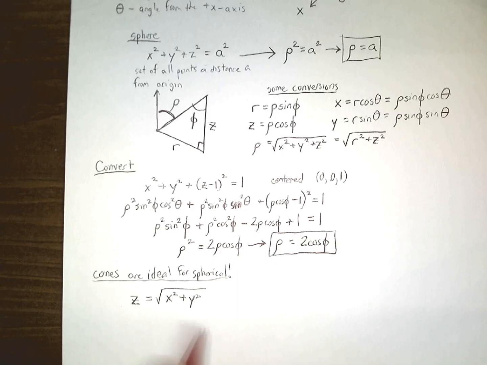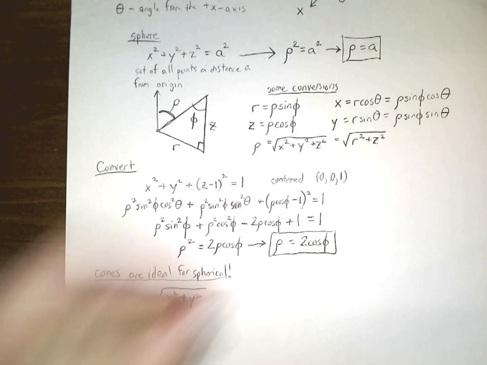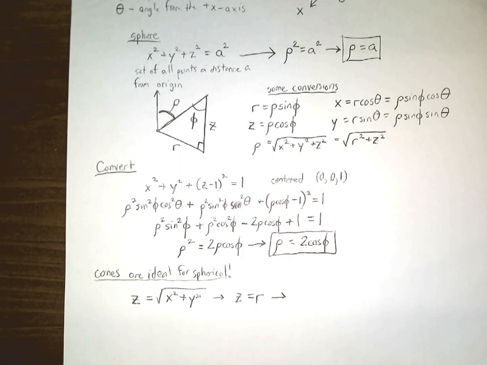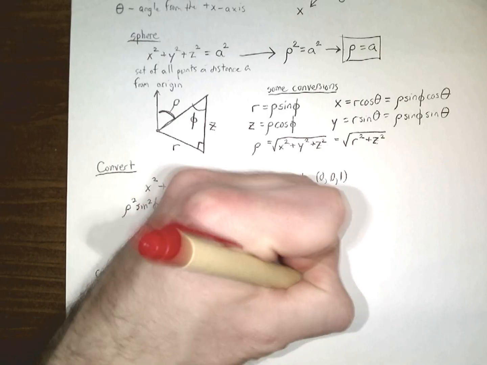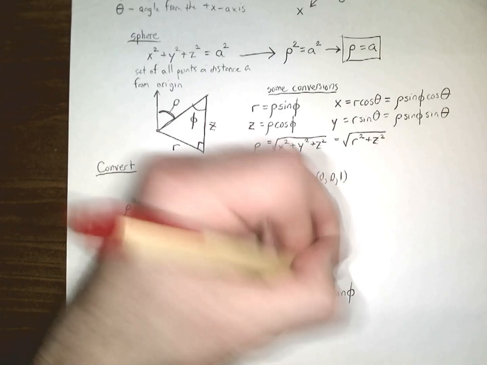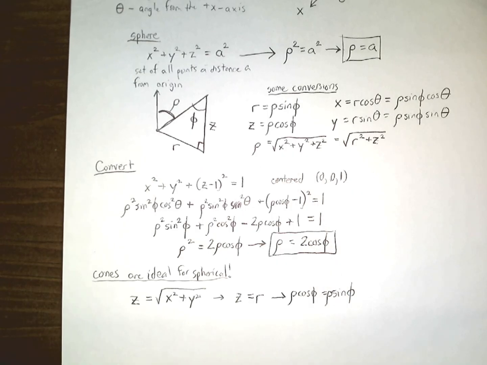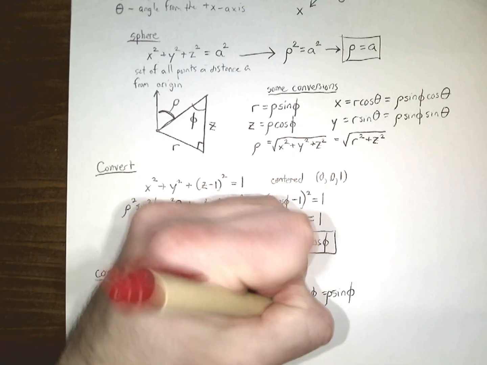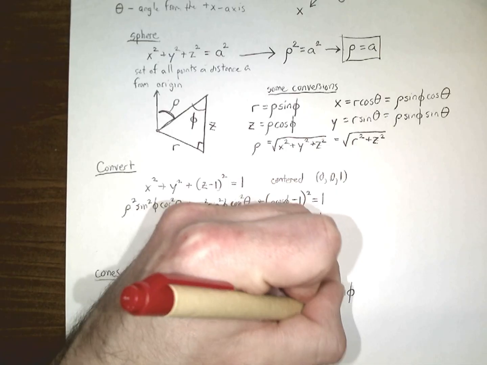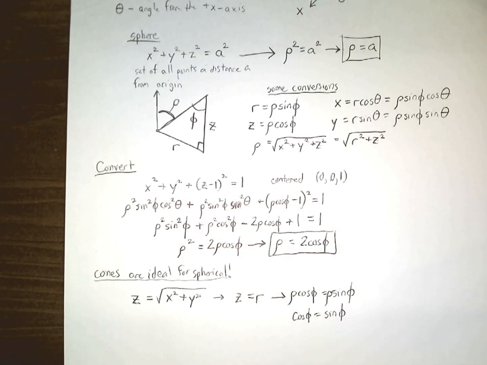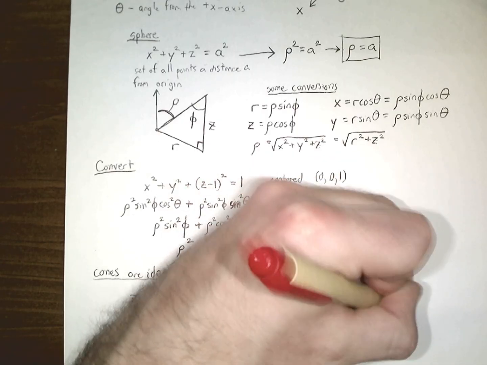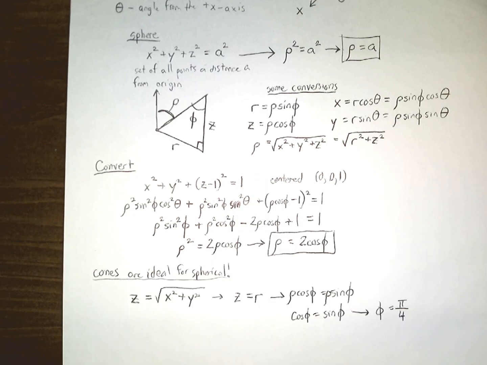If we substitute in our polar expressions, this is just r, so we get z equals r, which is the same thing as rho cosine phi equals sine phi times rho. The rho factor cancels out on each side, and we get an expression between the angles, cosine equals sine. That happens for this particular function at pi over 4. That's when sine is equal to cosine, 45 degrees.